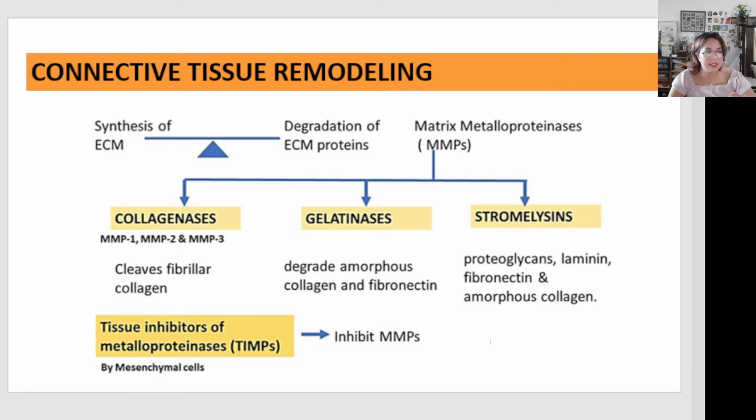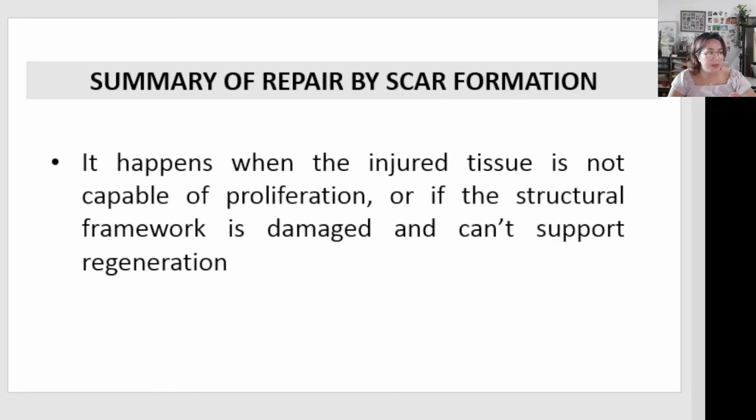Now, let us have a summary of repair by scar formation. So, tissues are repaired by replacement with connective tissue and scar formation if the injured tissue is not capable of proliferation or if the structural framework is damaged and cannot support regeneration.